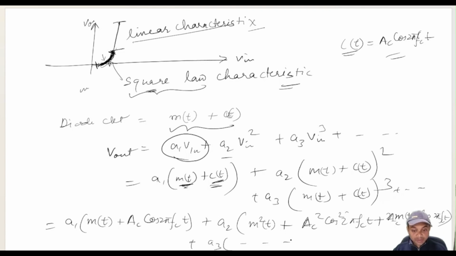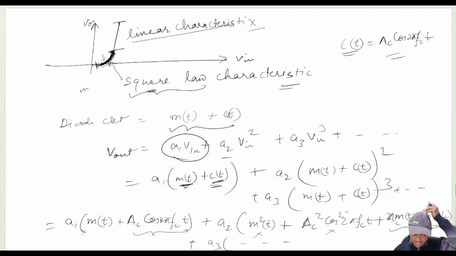We try to find the signal we are interested in, this signal and also this signal, and we have to remove all the other signals.